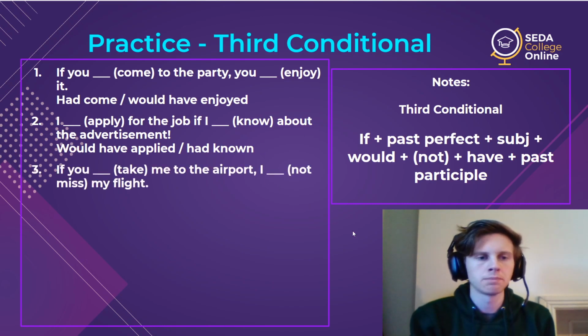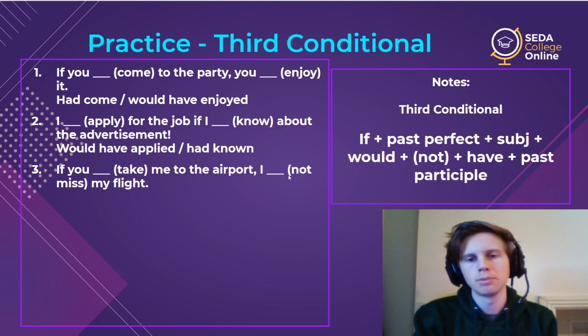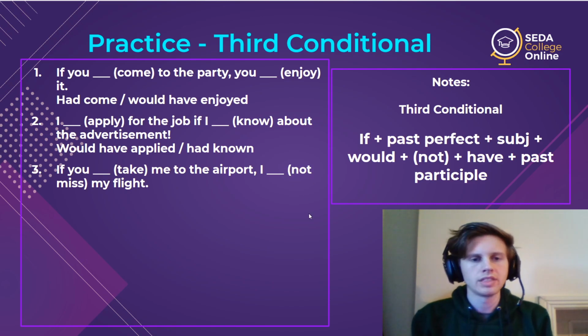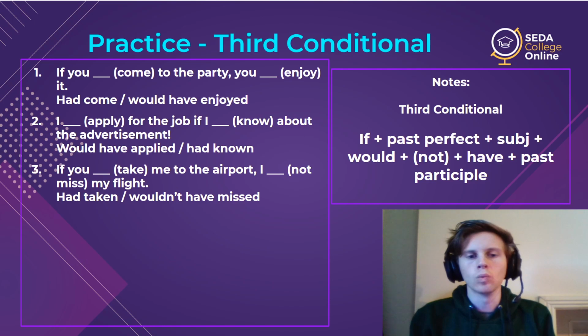All right, number 3. If you, to the airport, I, my flight. And now we have a negative, so always remember what to do, negative. If you, me, to the airport, I, my flight. Okay. So if you had taken me to the airport, I wouldn't have missed my flight.